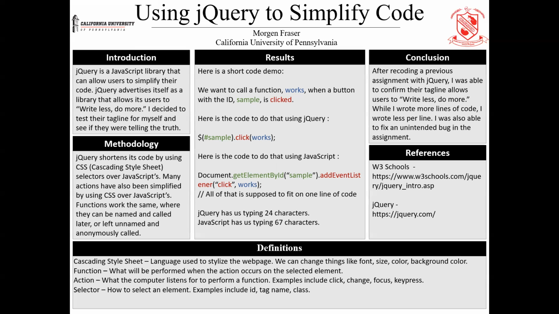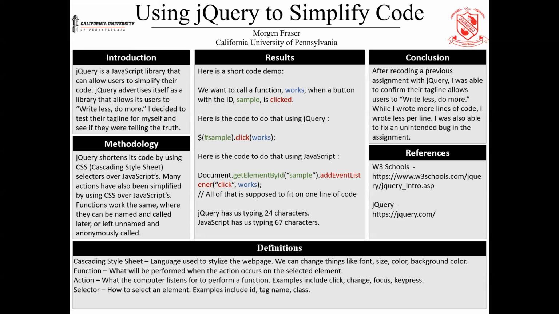In this code demo, we want to call a function that we have named works when a button with the ID sample is clicked. To select an element by its ID, jQuery does this by using the pound or hashtag symbol, while JavaScript writes out getElementById.